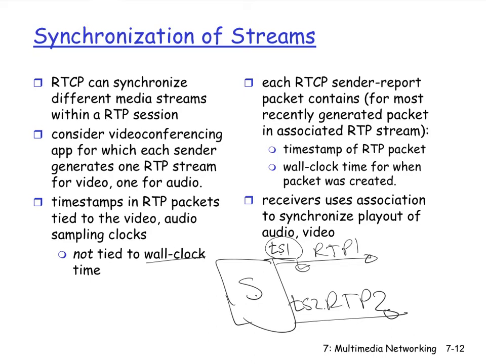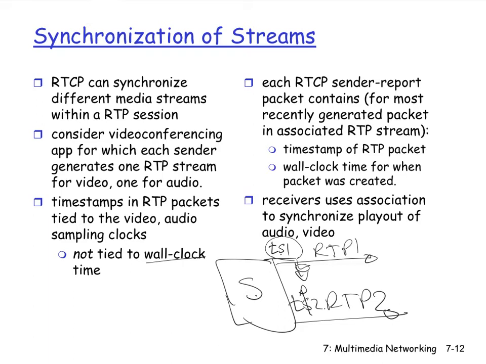This absolute time is then used to synchronize the individual packets from stream 1 and stream 2 together. So the timestamps that RTP has are not enough to synchronize. RTCP is needed to provide a wall clock, which is a reference clock, together with the timestamps in RTP. Those two are both needed to facilitate the synchronization.